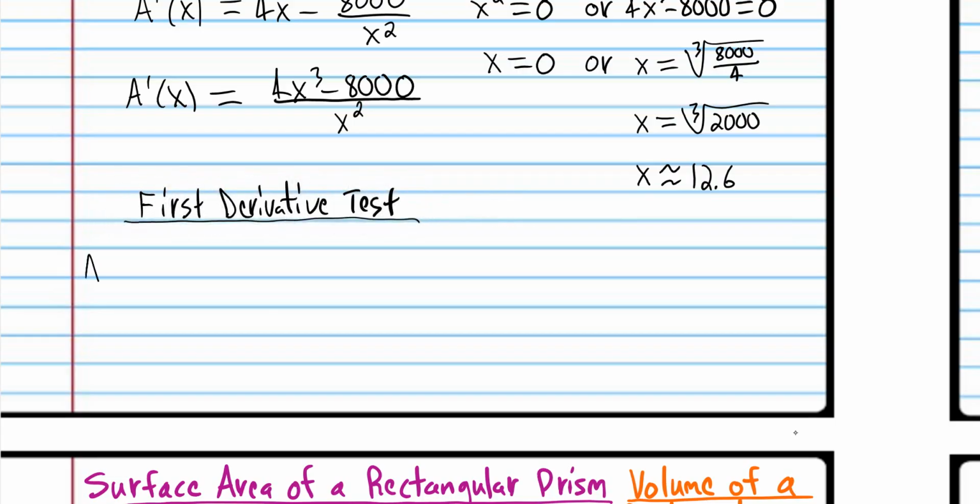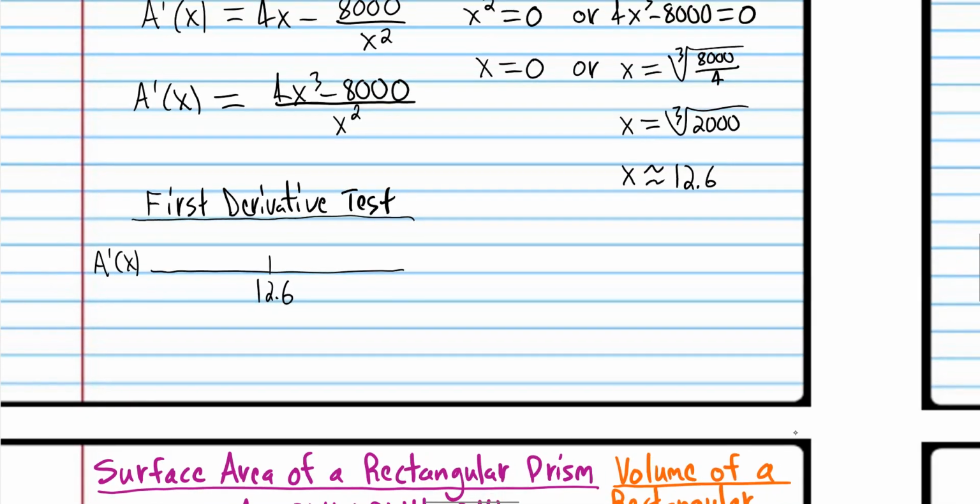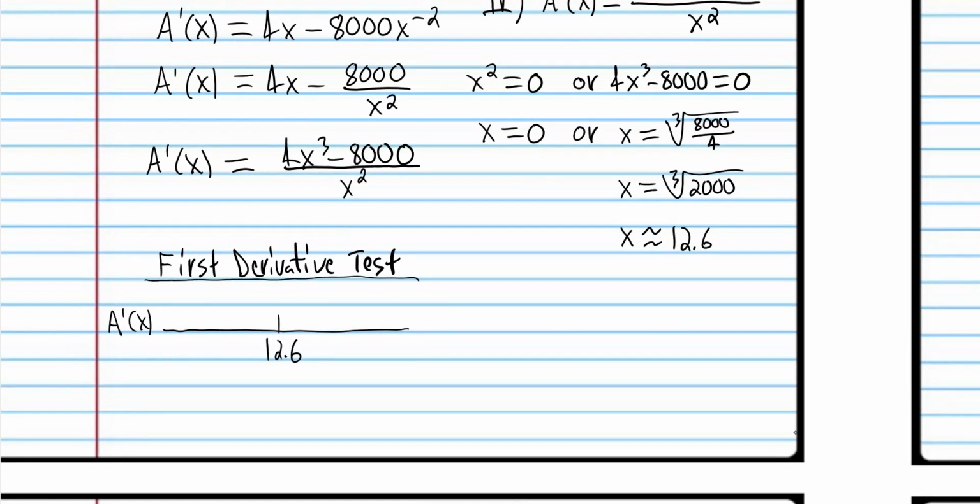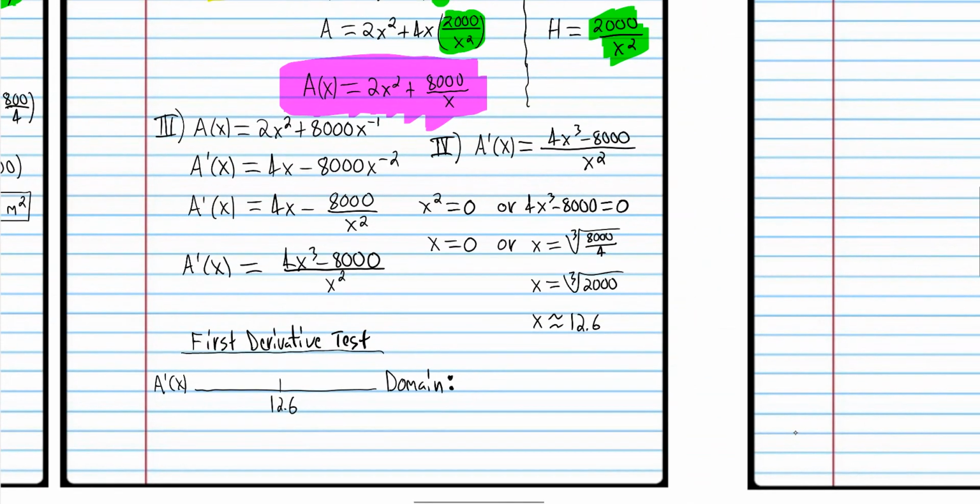So we are going to test f prime of x. That's the first derivative. We're going to test it around this point. So first of all, we can't plug in anything because we don't know what numbers we're allowed to plug in. We have to figure out the domain first.